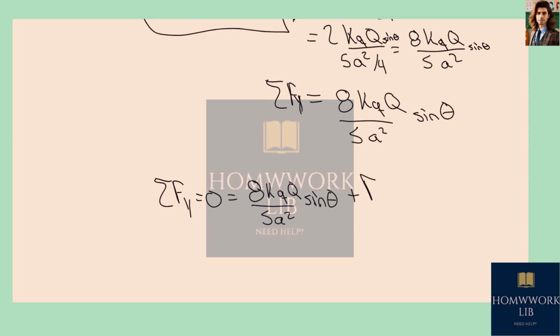plus the force of this equilibrium value. So this would be 8kQQ sine of theta over 5 times a squared plus k, this equilibrium charge, times Q, divided by a over 2 squared.